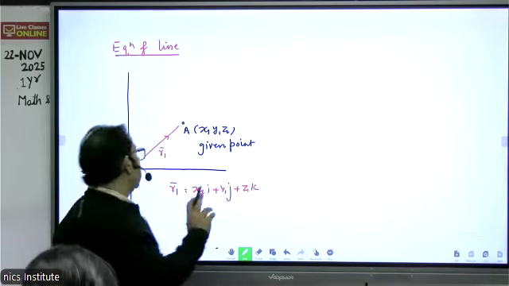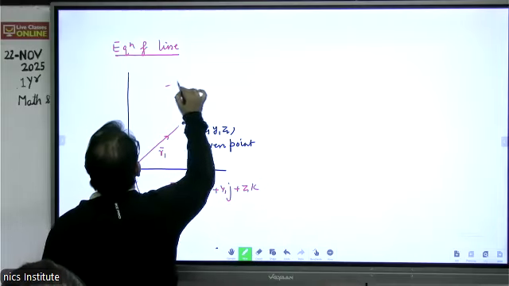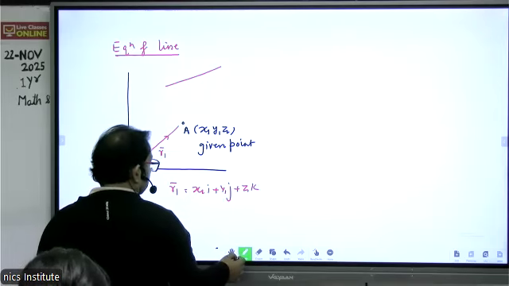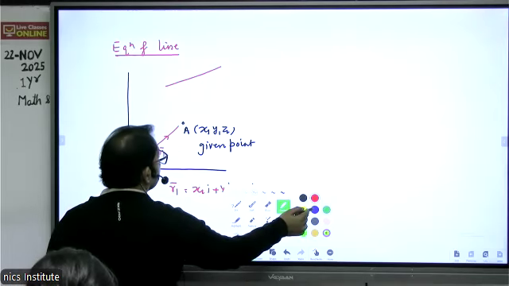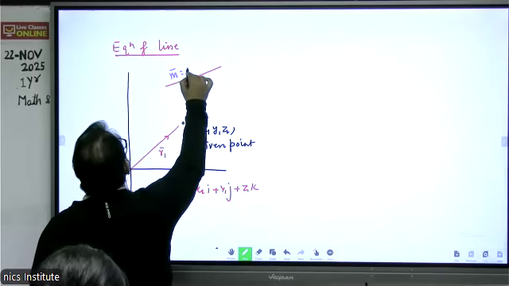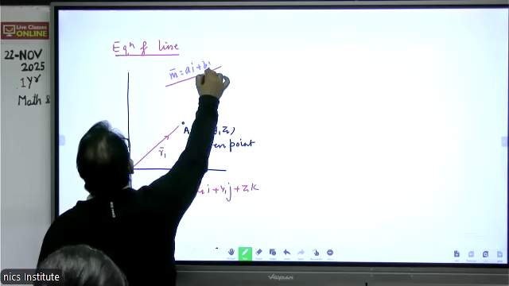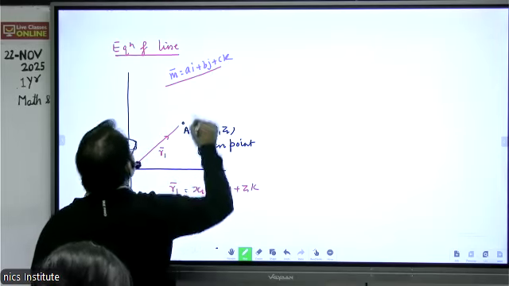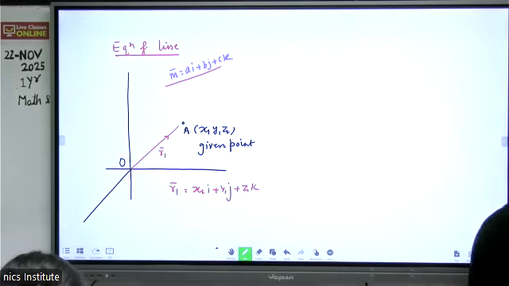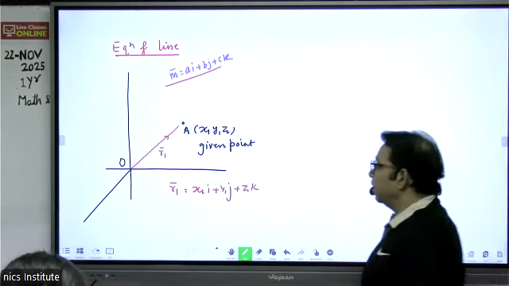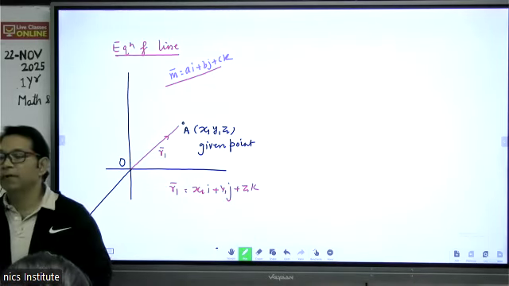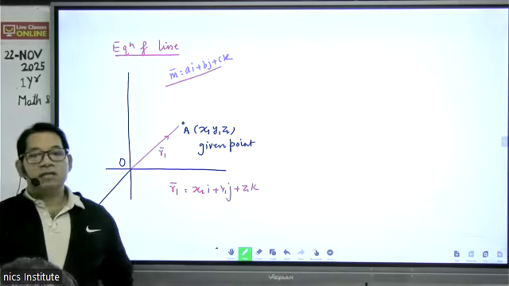And the line is also parallel to a vector or line segment m, which is m = ai + bj + ck. So this line passes through point A and is parallel to the vector m, and this vector m has DRs a, b, and c.